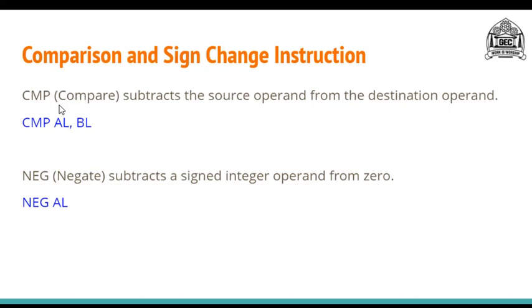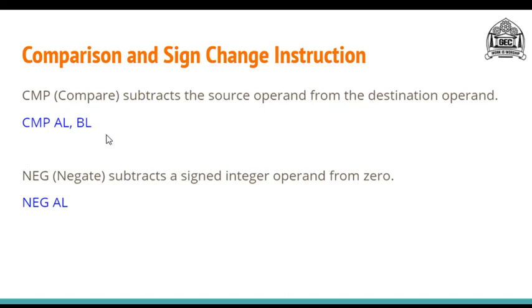How is this compare actually implemented in a microprocessor? The logic behind this compare instruction is that it subtracts the source operand from the destination operand. And if the result after the subtraction is 0, then the two operands are called equal operands.